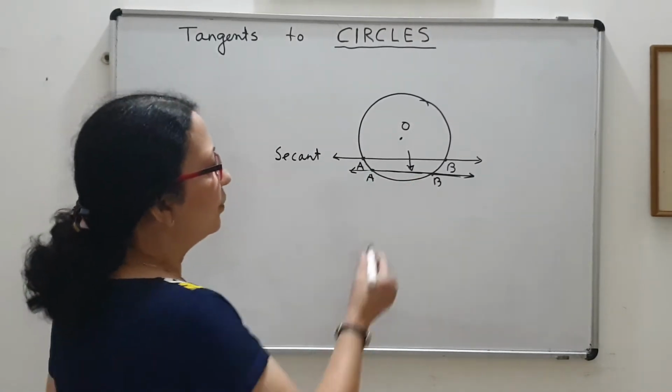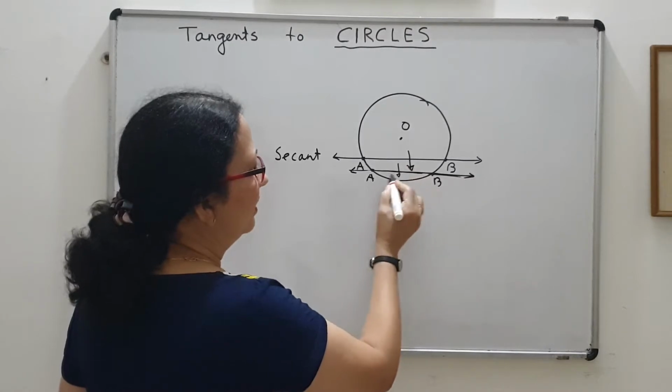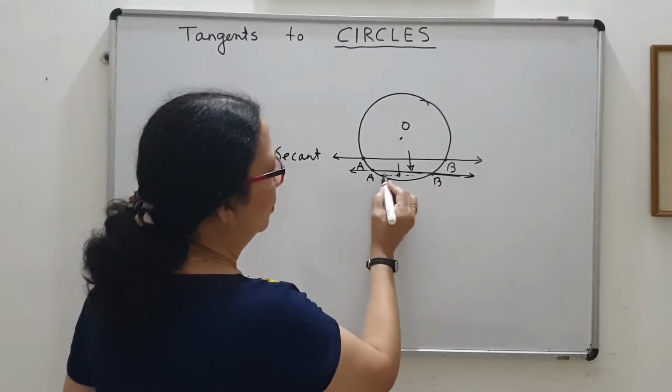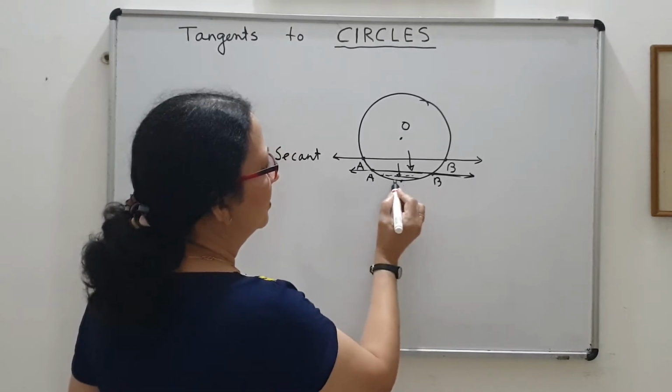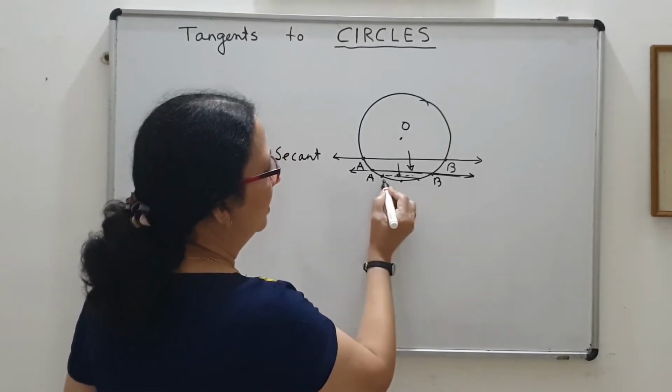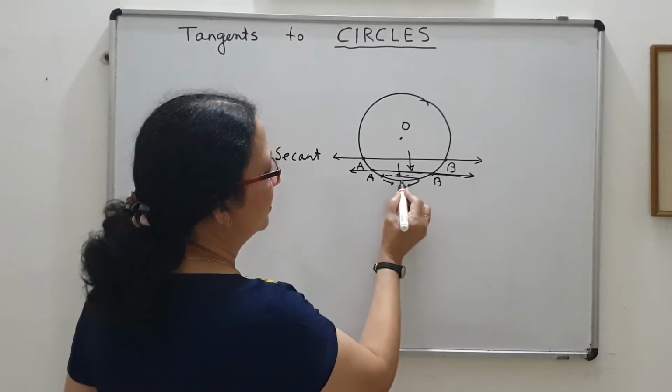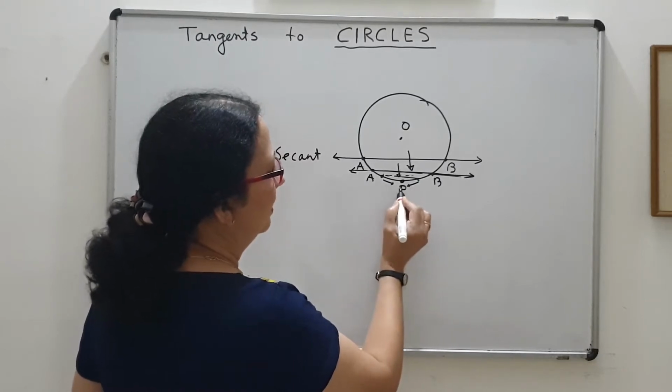If you go on moving down further, the distance between them will go on decreasing, and after a certain point, these 2 points A and B will coincide at a single point, say P.